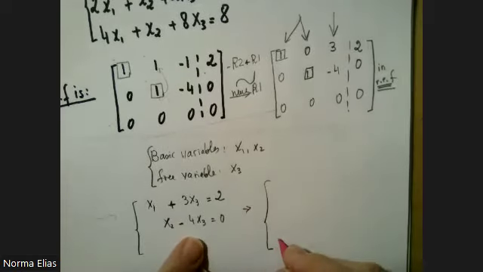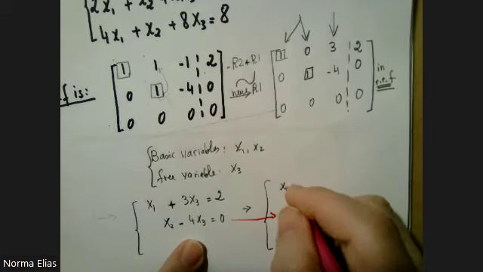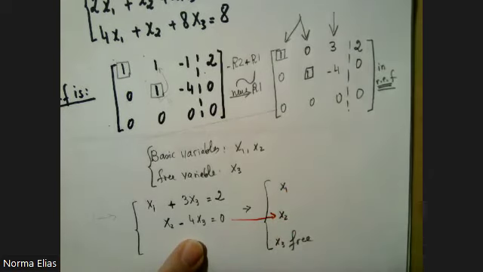Okay, I start with x3 because I know it is a free variable. x3 is free. And now this one, I want to solve, I want x2 because I have 3 variables, x1, x2, and x3. I want to express every one of them in terms of x3. This will give me x2 equal 4x3.